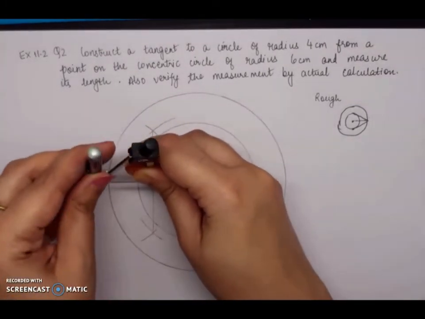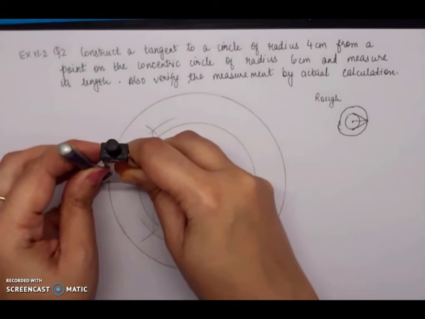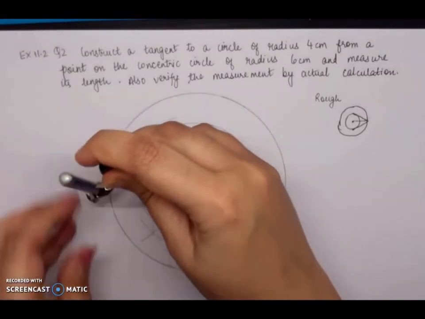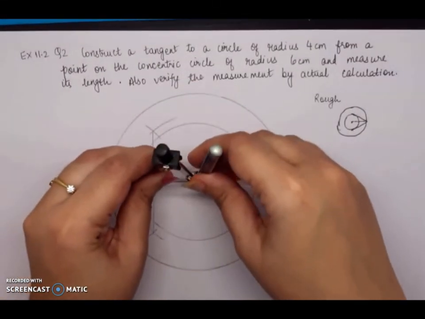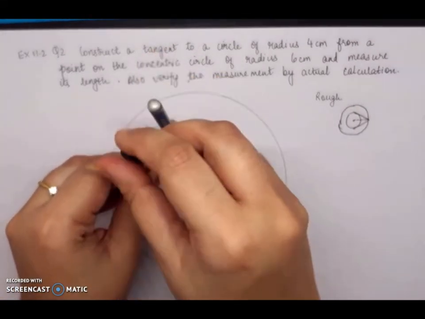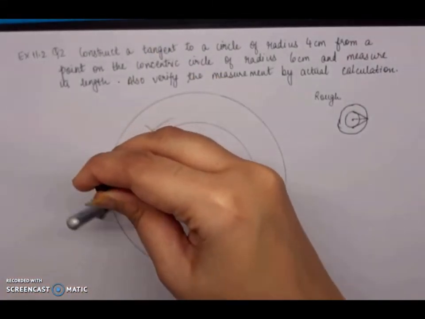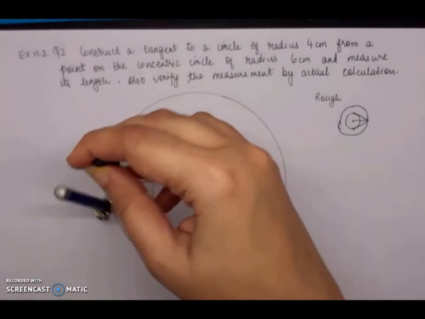Now with that point, which I have got as the center of OP, I will take that point as the center and draw a circle such that OP is the diameter of this circle.